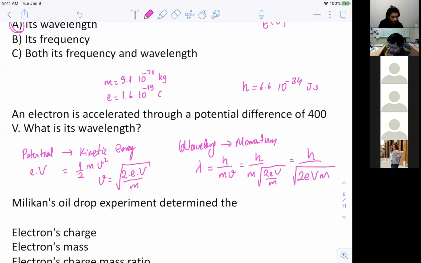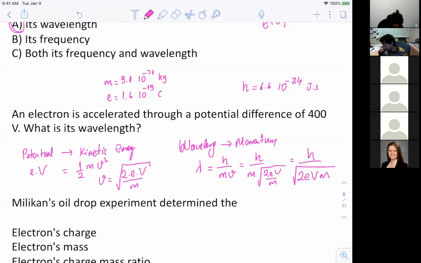It's going to be 6.6 times 10 to the minus 34, divided by the square root of 2 times electron charge 1.6 times 10 to the minus 19 times 400 volt times m, which is 9.1 times 10 to the minus 31.